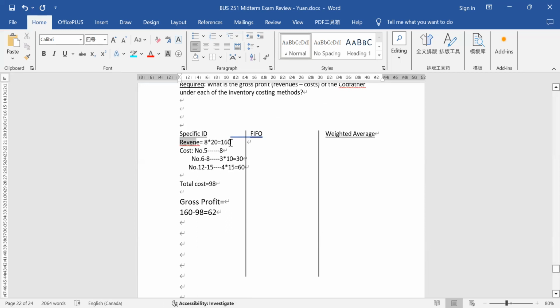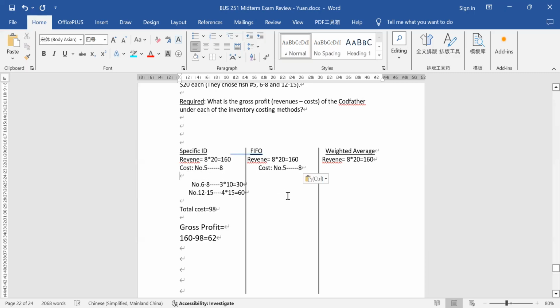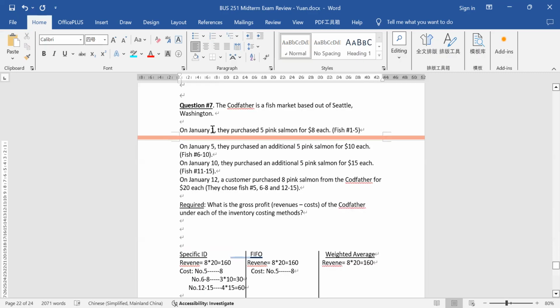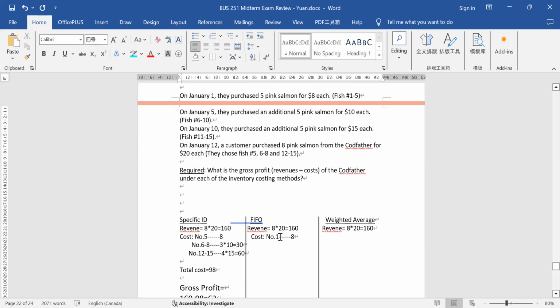You've got revenue here. It's the same, right? Because you sell the same, and it's the same for weighted average. Let's just put it here. And for the cost, first in, first out. So it should be numbered from the very beginning in consecutive order, from number 1 to number 5.